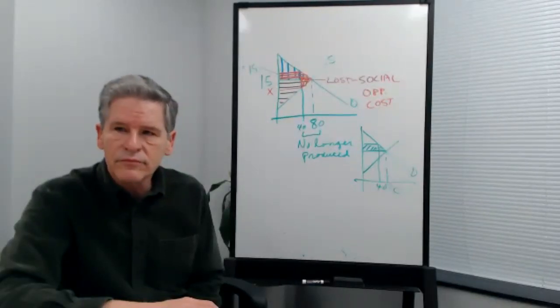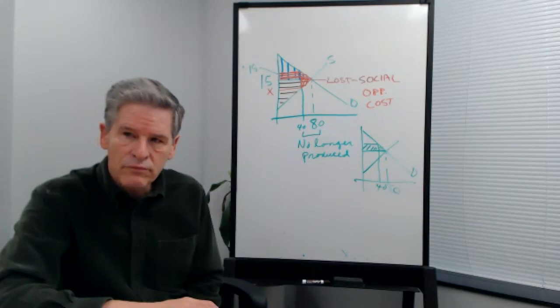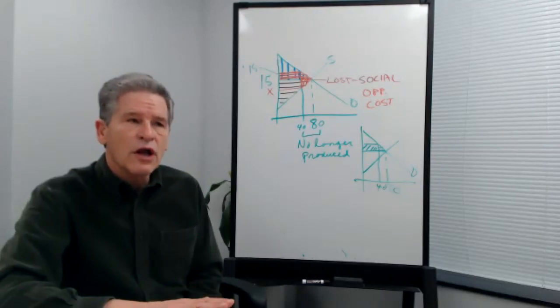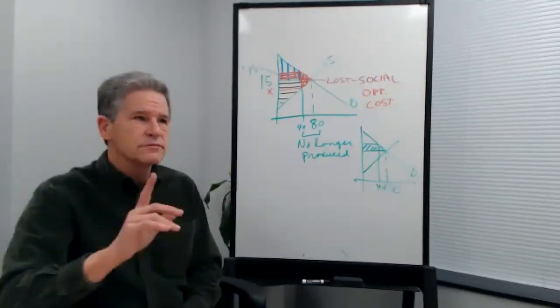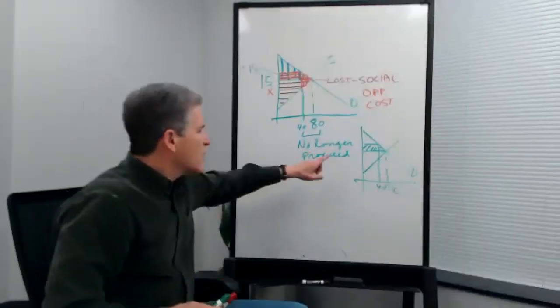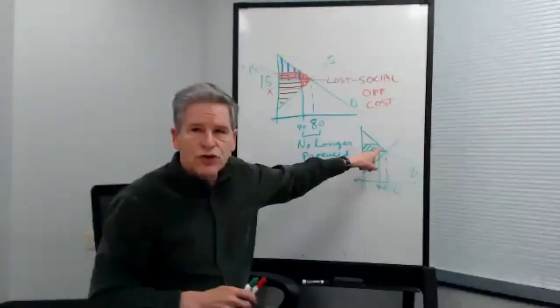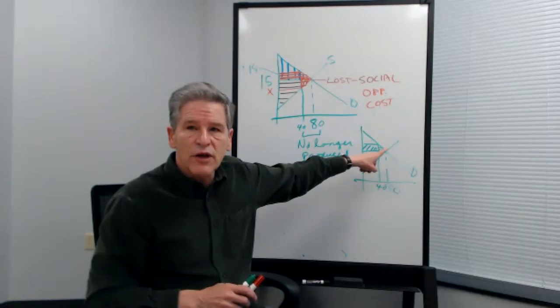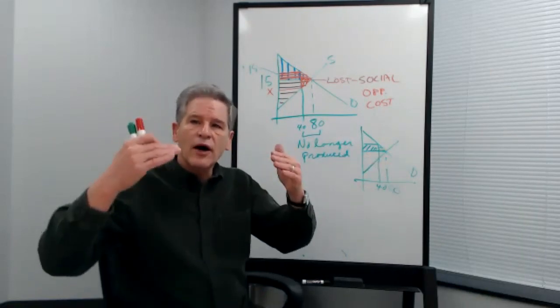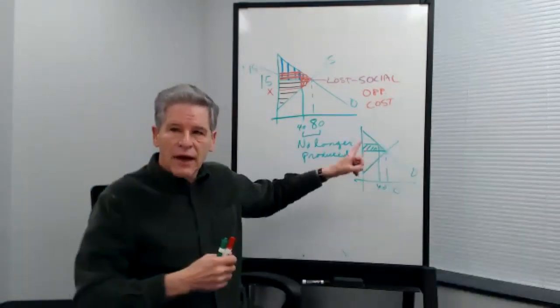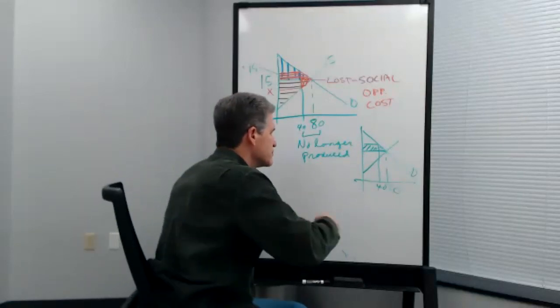So deadweight loss and the loss of consumer surplus occasionally overlap. It's not one or the other. Notice here, there are 2 types of loss of consumer surplus. One from higher prices, and this goes to producers.